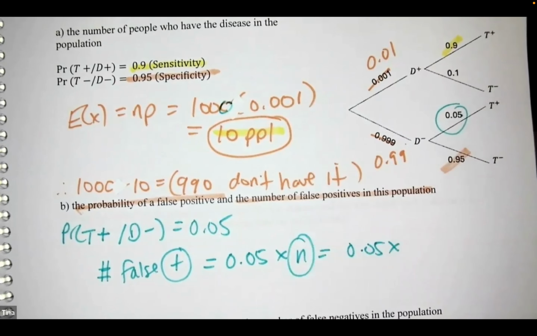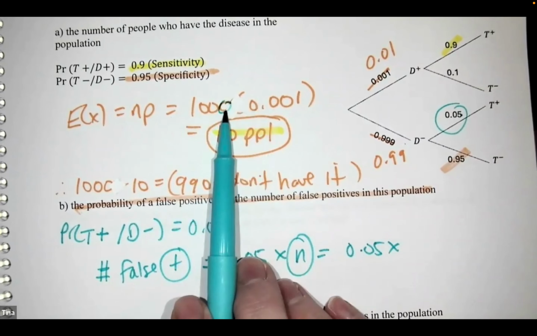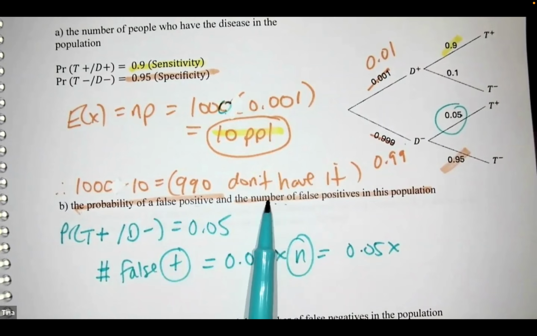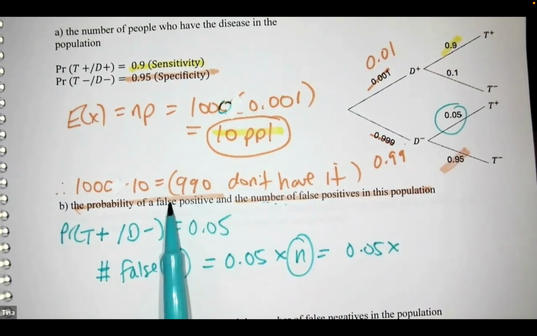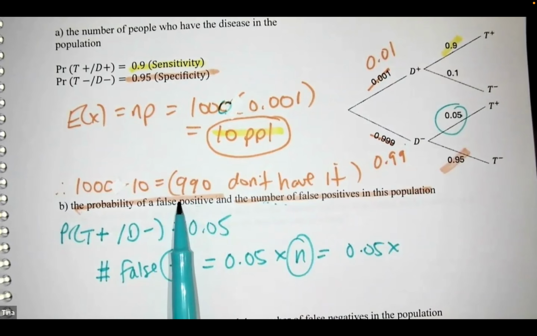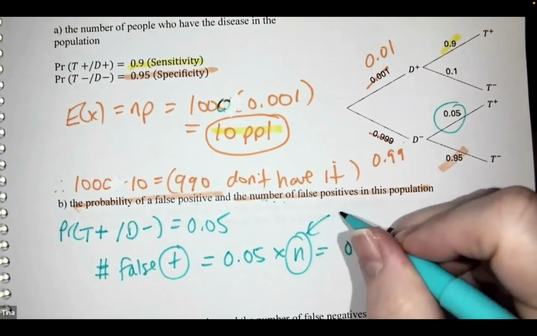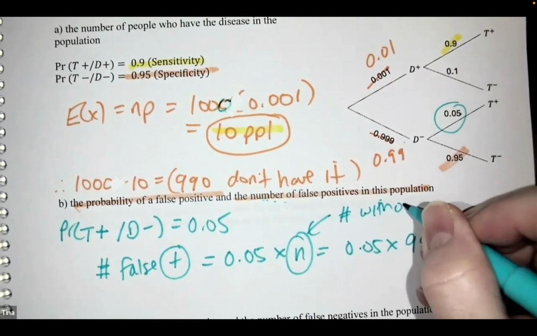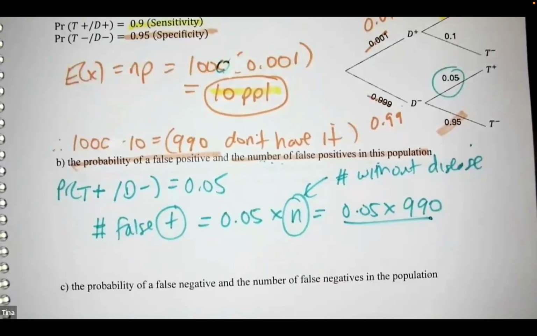But look, it's not 1,000. Up here it was 1,000 because it was the number of people in the population who had it. But look, this is the number of false positives. Well, we have 990 people here who don't have it. So we have to be careful. This is only times 990. N is the number without the disease. So guess what?